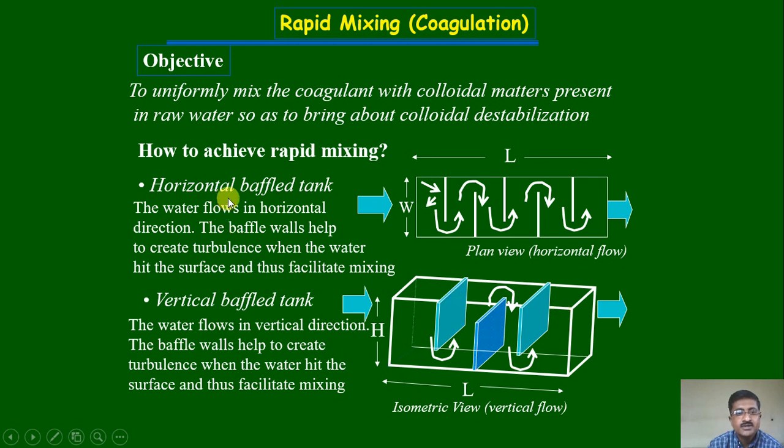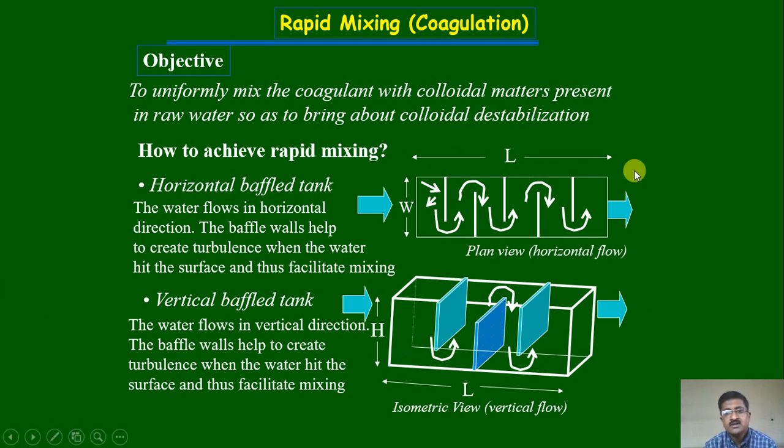In the horizontal baffle tank the water flows in a horizontal direction, and the baffle walls help to create turbulence when the water hits the surface, thus facilitating the mixing, right? And in the vertical baffle tank, the water flows in the vertical direction and the baffle walls help to create turbulence when the water hits the surface, thus facilitating the mixing.